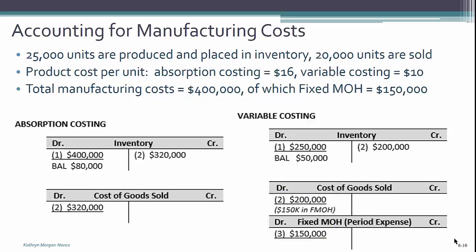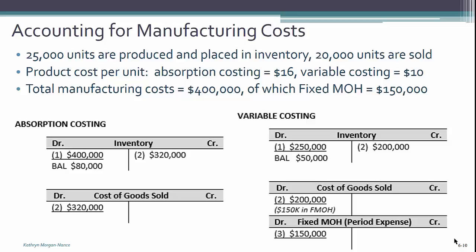The difference of $30,000 is equal to the amount of fixed manufacturing overhead deferred in unsold inventory under absorption costing, 5,000 units times $6, and we can see this difference in the ending balance in inventory, $80,000 in absorption costing versus $50,000 under variable costing. Please note that this difference will reverse itself. The cost deferred in inventory will be released, in other words, when the number of units sold is greater than the number of units produced and inventory quantities decline.